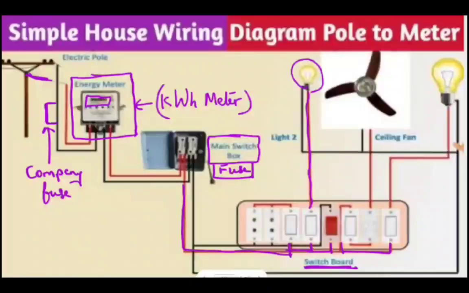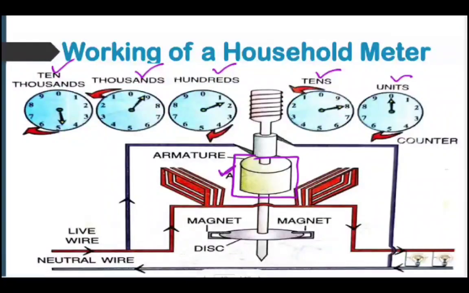All right, children, so we have this armature out here, referred to as A. Now these are attached to 5 dialers. These dialers are similar to your place value table in maths: units, tens, hundreds, thousands, ten thousands, like that.